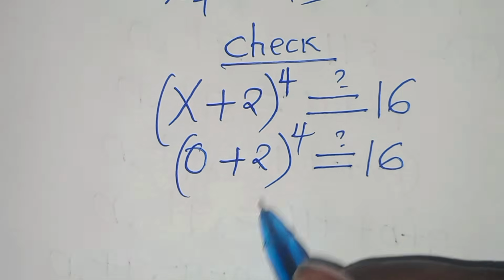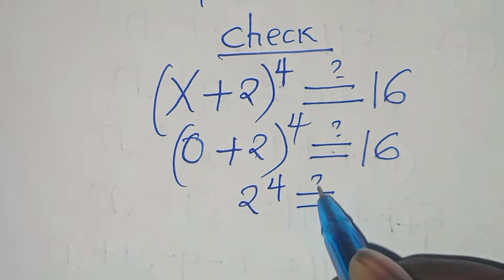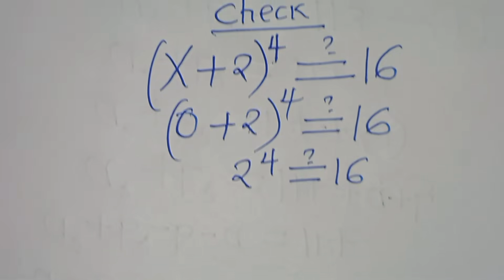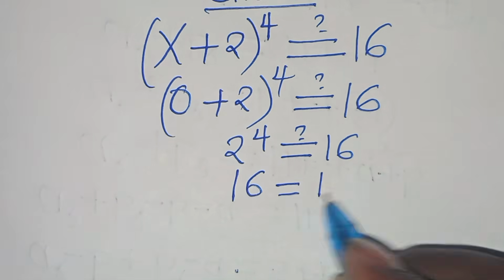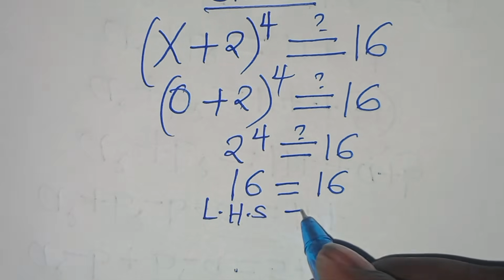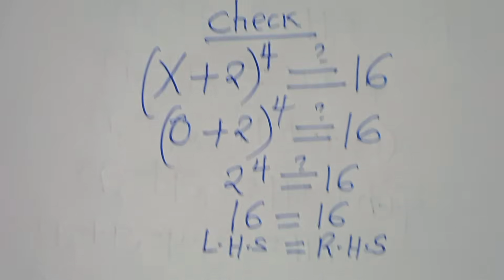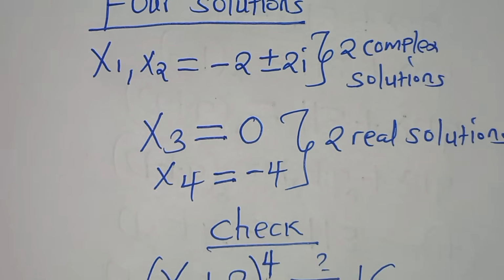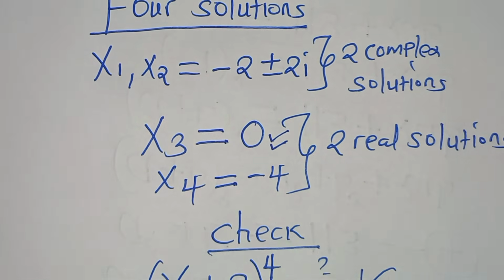So 0 plus 2 is 2 to the power of 4, which should be equal to 16. So 2 to the power of 4 is 16, which is equal to 16. So the left hand side is equal to the right hand side, and this implies that x3, which is equal to 0, satisfies the equation.